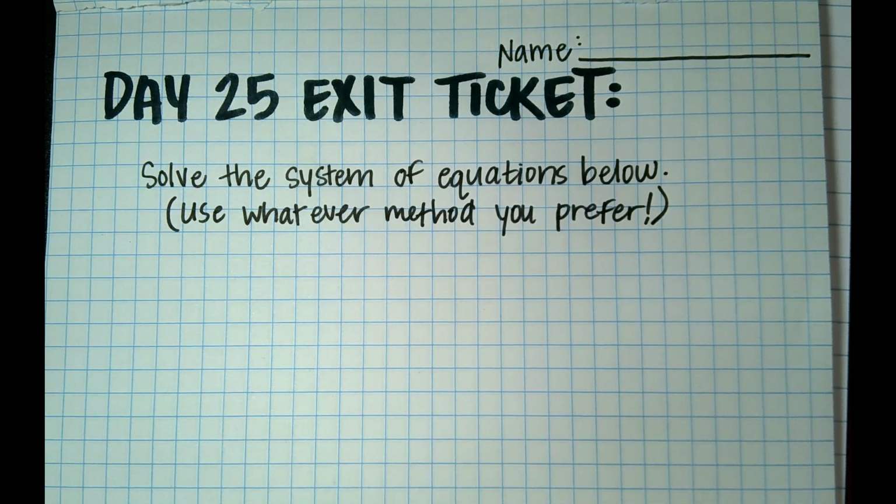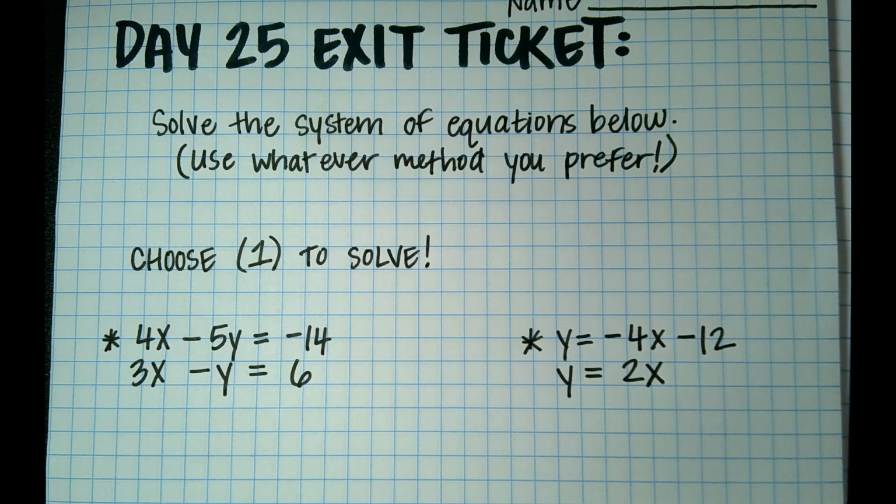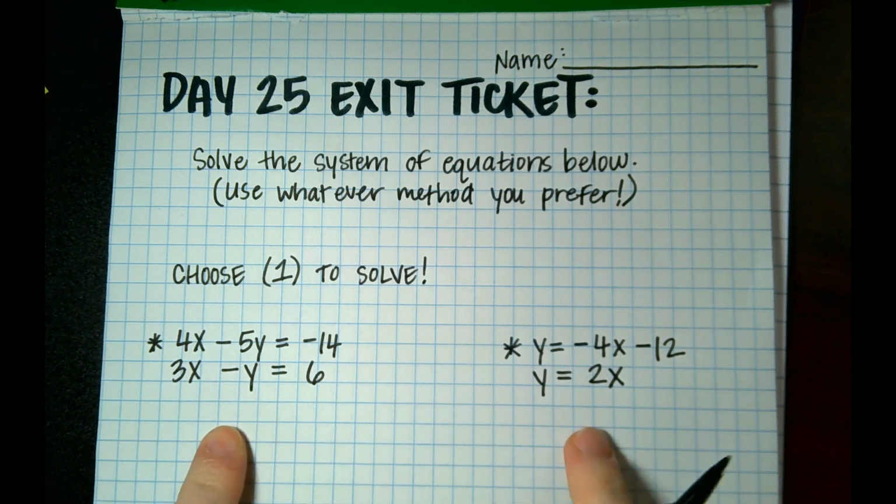So I'm going to give you guys the opportunity to choose whichever method you prefer to use for this exit ticket. And let me just find a problem. Okay, so for your exit ticket today, I'm giving you 2 different systems to look at.